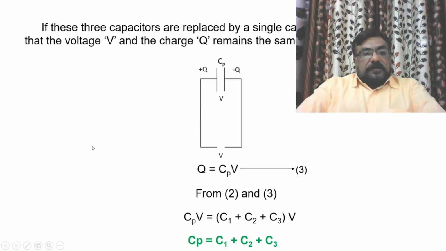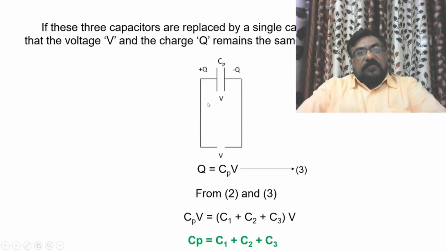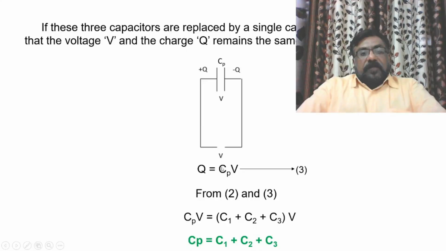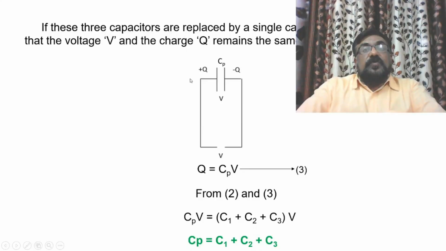Again, I am introducing the effective capacitor, which is effectively replacing the combination, and let that capacitor have a capacitance of Cp. When I apply a potential V across it, it is able to store a total charge Q in it. Then only we can call it the effective or equivalent capacitor.